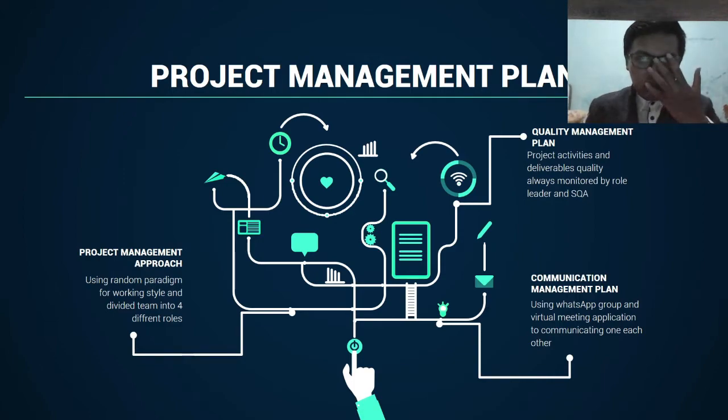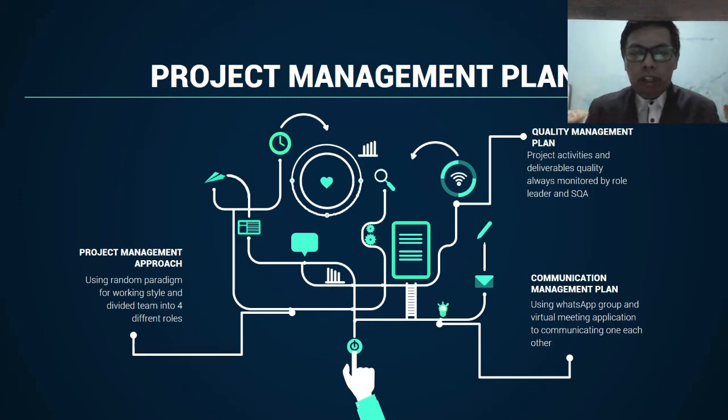And next, for the quality management plan, these project activities and deliverables quality are always monitored by the role leader and SQA. It means that every week we always have a review of activities for the week.